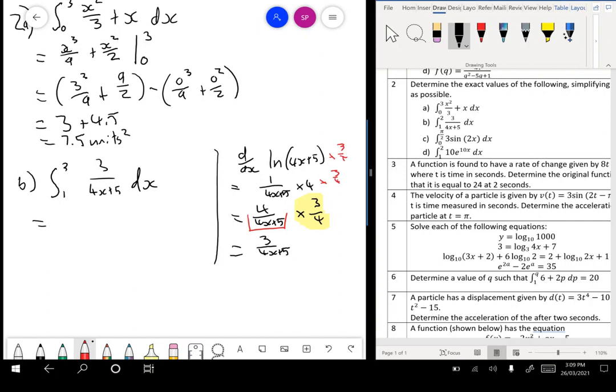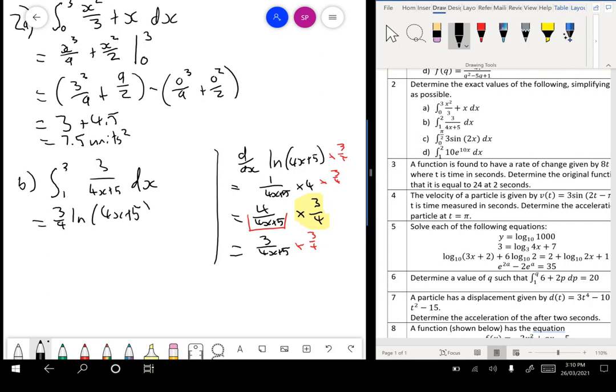If I times that derivative of ln 4x plus 5 by 3/4, that gives me that when I fully differentiate it. So to then get the integral of that, it's just going to be that there. I'm hoping that makes sense, guys. If not, let me know.